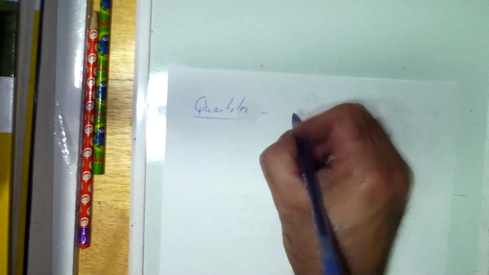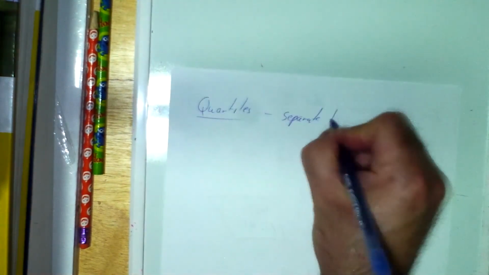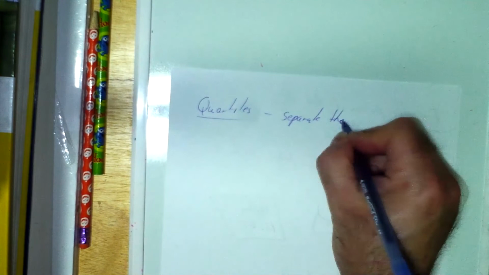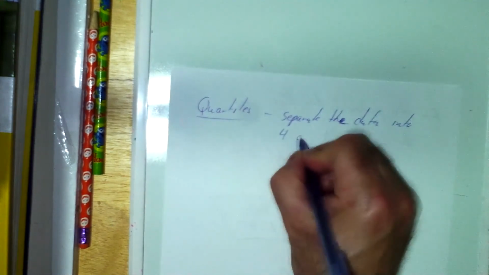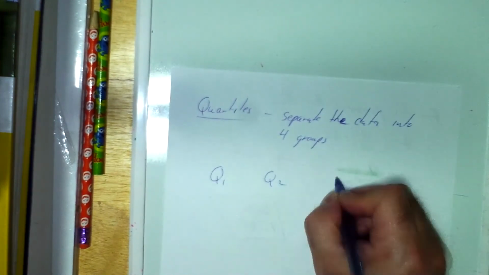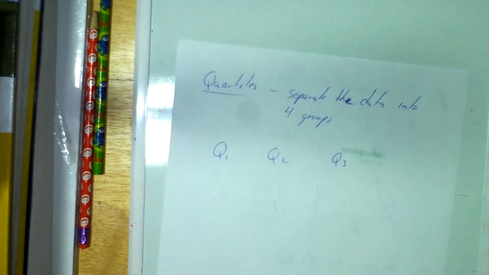Quartiles separate the data into 4 groups. Q1, Q2, and Q3. 4 groups.